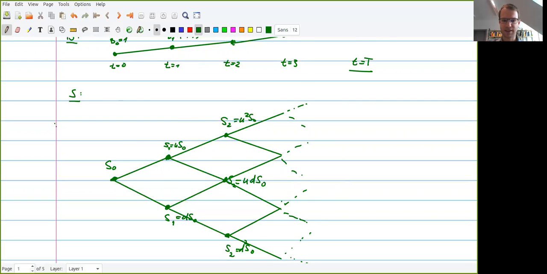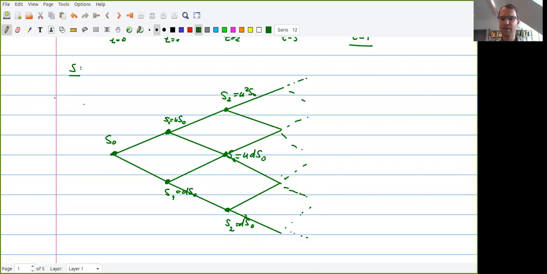So this is basically the tree describing the movements of the risky asset, and then you usually start with some physical measure. So the probability that you move up is called p, and then the probability that you move down is 1 minus p. So that's the probability.